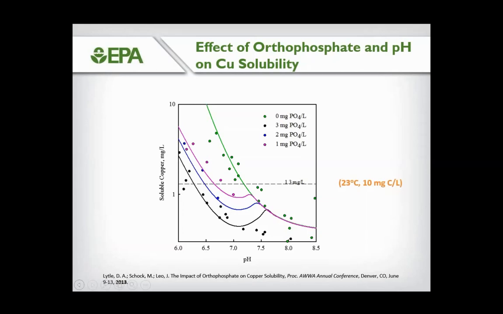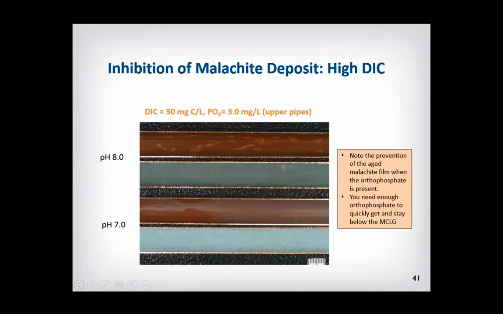And this also holds up for DICs even 50, 60 milligrams per liter. 3 to 3.5 milligrams per liter as PO4 will almost immediately get the copper below 1.3 milligrams per liter. These photographs show DIC of 50, which would represent a hard, high alkalinity groundwater. You can see that the phosphate, the top pipes of the pair, inhibit the natural formation, the natural aging of the hydroxycarbonate scale.